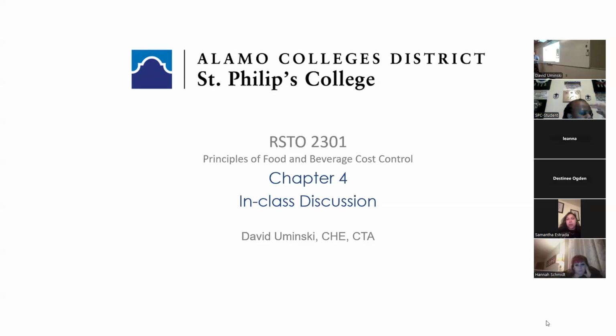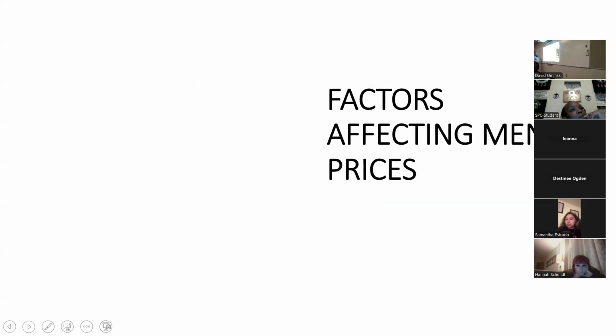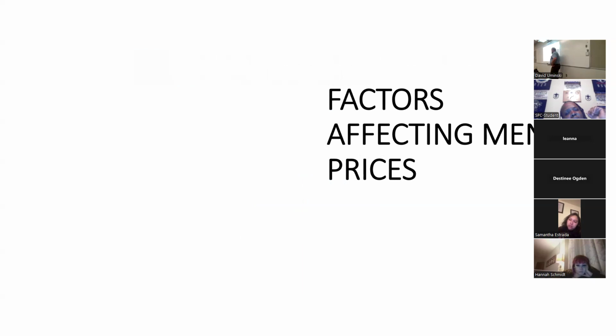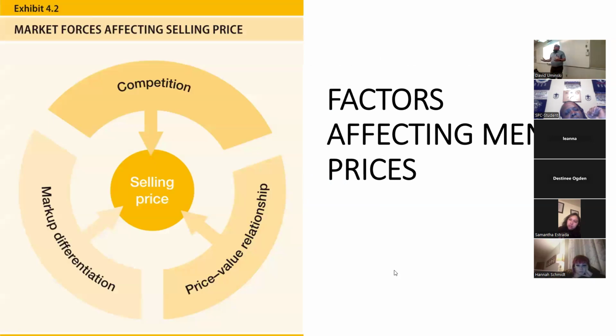And then we'll look at our menu as a tool as a whole. There are different things that affect the prices at which we sell our items. Some of those are external forces that we have no control over.